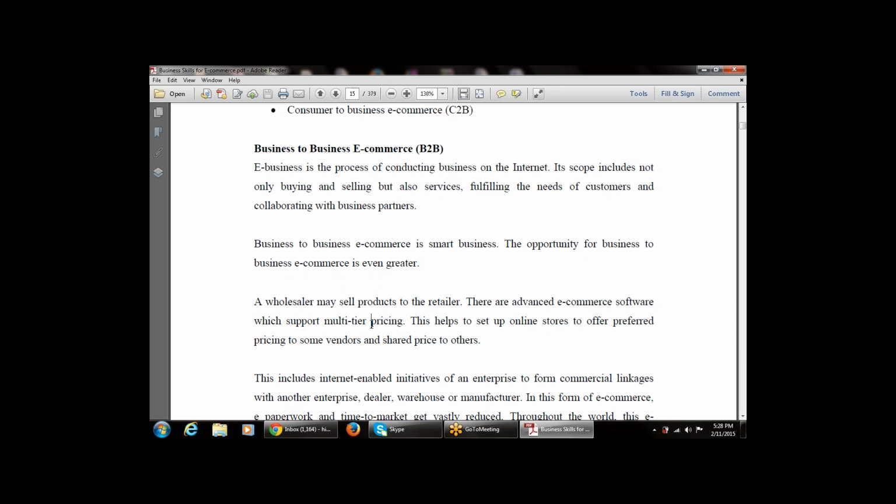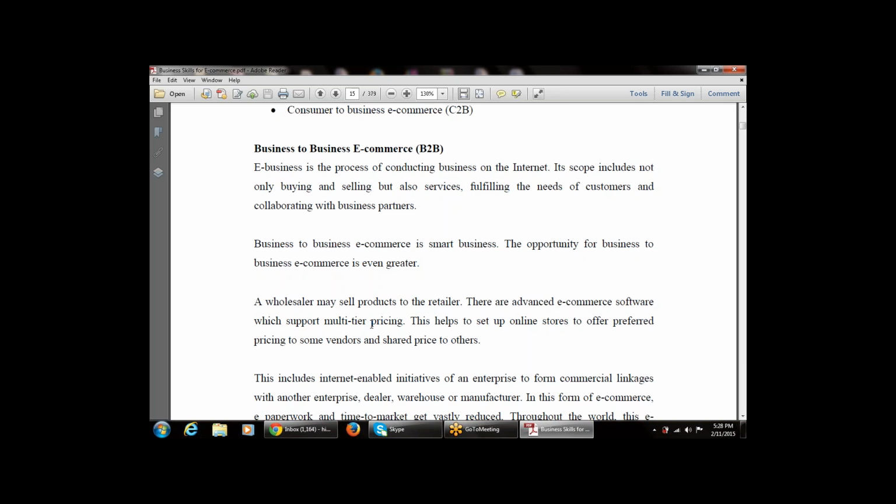So this says a wholesaler may sell products to the retailer. There are advanced e-commerce software which support multi-tier pricing. This helps to set up online stores to offer preferred pricing to some vendors and shared price to others.